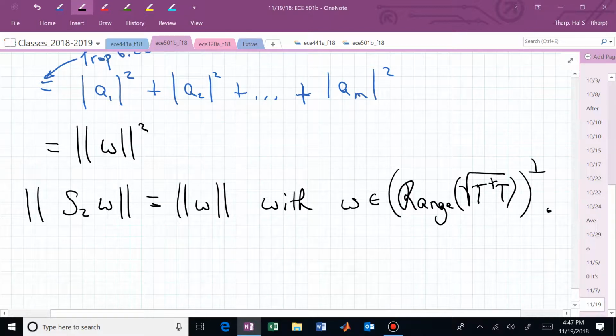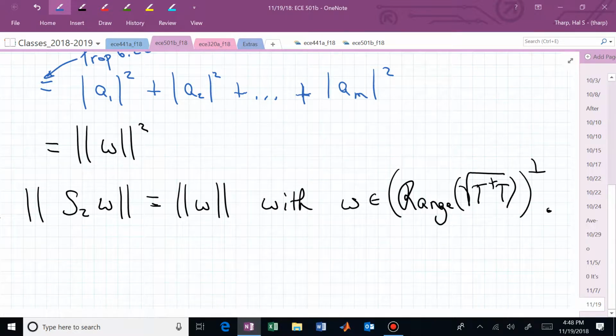And now what can you tell me about S sub 2 relative to its null space? If this norm condition is true, what can you tell me about vectors W and this rotation S sub 2?